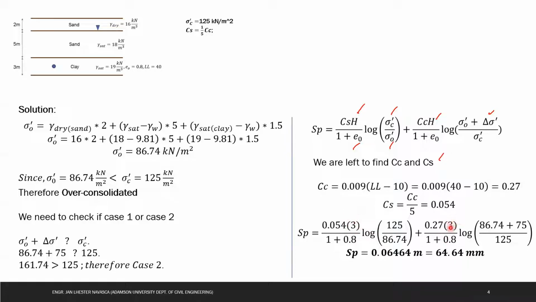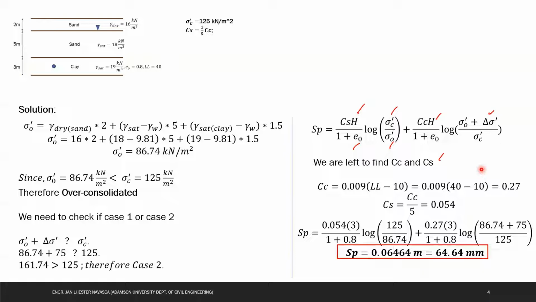That is why the first value that we get is 0.06464, in units of meters. So multiply that by 1,000, and you get a 64.64 millimeter primary settlement. So that is our answer for example problem 1.